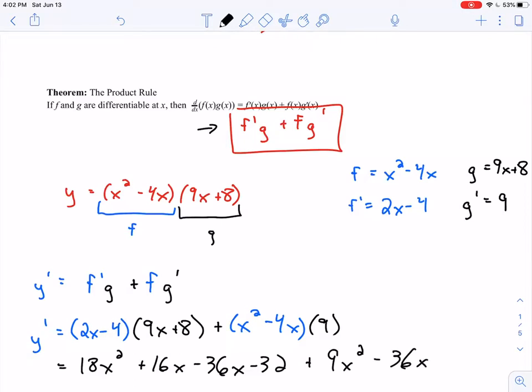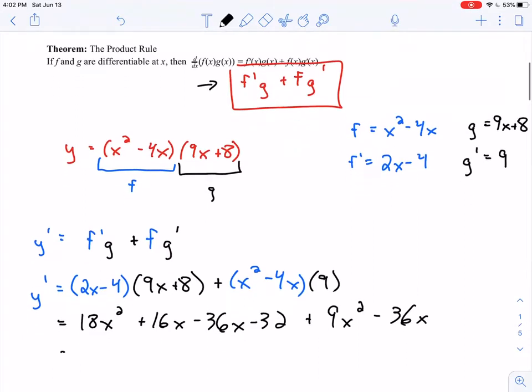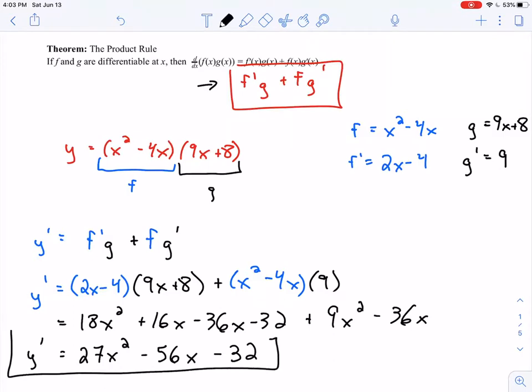So let's see. 18x squared and 9x squared gives me 27x squared. 16 plus negative 36 would be negative 20, plus another negative 36, that would be minus 56x, and then minus 32. So this is my derivative that I just found using this product rule.